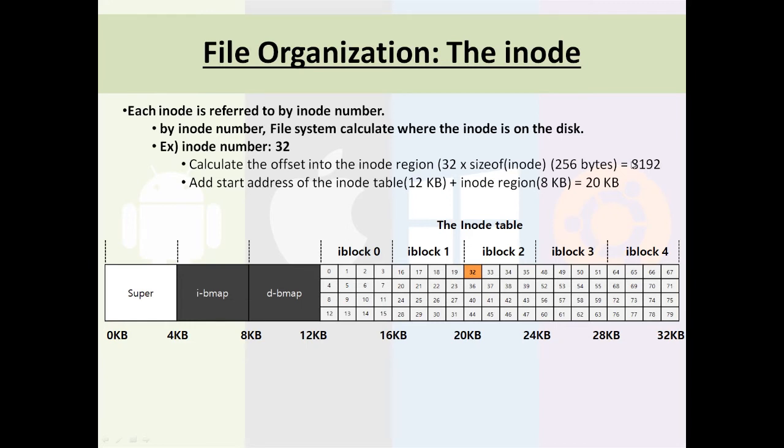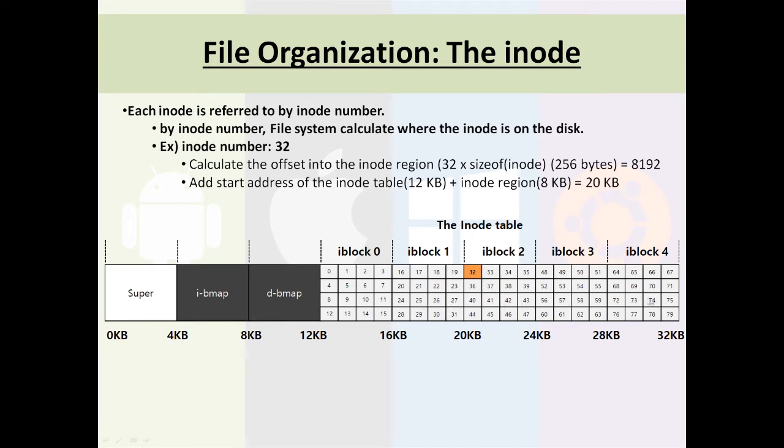We then add it to the start address of the inode table on the disk, which was 12 kilobytes. That offset was basically 8 kilobytes. So we get 12 plus 8, which equals 20. So inode number 32 is at 20 kilobytes on our disk.